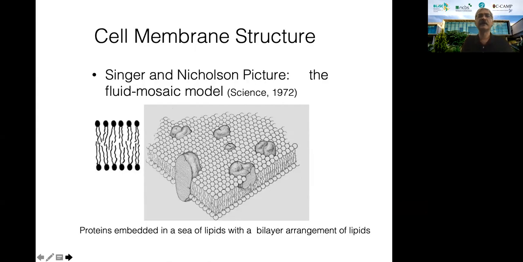What we know of the cell membrane is that it is a fluid mosaic, right? And this picture comes from Singer and Nicholson, very close on to 50 years ago, from their famous synthesis in this article in Science that they published about the fluid mosaic model, where they synthesized a whole bunch of information from the field, which told them that the proteins in a cell membrane were embedded in a sea of lipids, which had a bilayer arrangement of lipids.